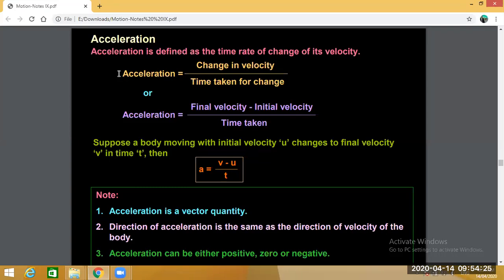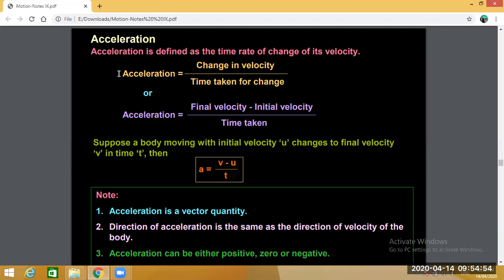So acceleration can also be expressed as follows. Say an object starts moving with initial velocity u, and after some time t, it acquires a velocity v. So the object's velocity changes from u to v. Change in velocity will be v minus u, final velocity minus initial velocity, divided by the time taken for that change.